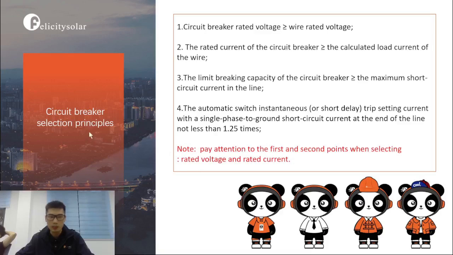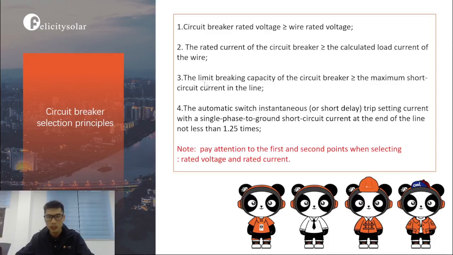And here are the principles to choose the right circuit breaker. The first one is that the circuit breaker rated voltage should be larger than or equal to the wire rated voltage. Second, the rated current of the circuit breaker should be larger than or equal to the calculated load current of the wire.